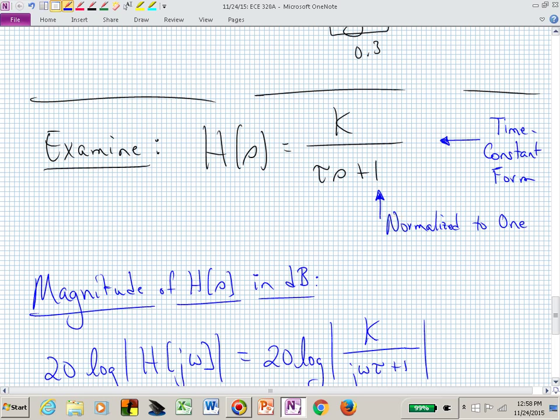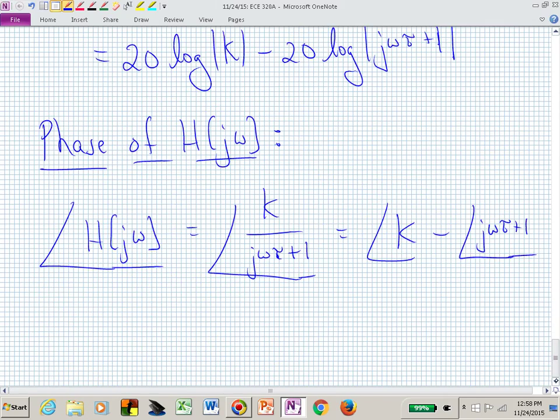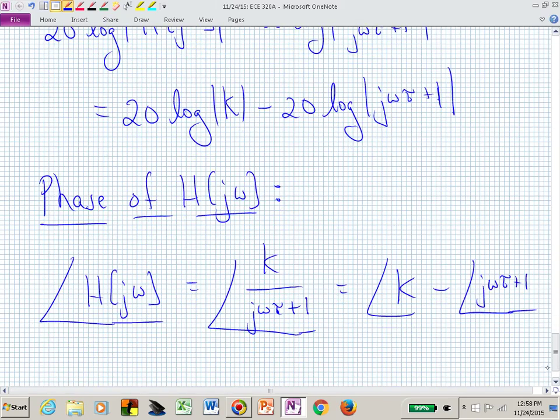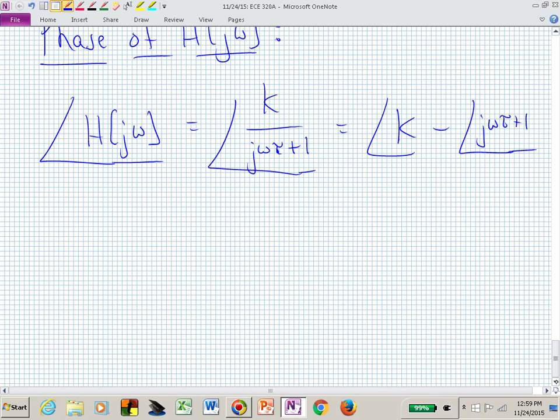And so I may just say, okay, we have two terms. Let's look at those two terms. And that's what I'm going to do now. Is it clear where those two terms are coming from? We have magnitude separated into two terms and the phase separated. Let's now look at those two terms individually.